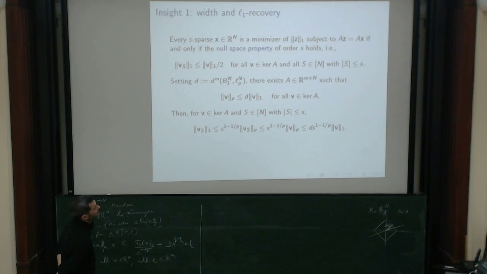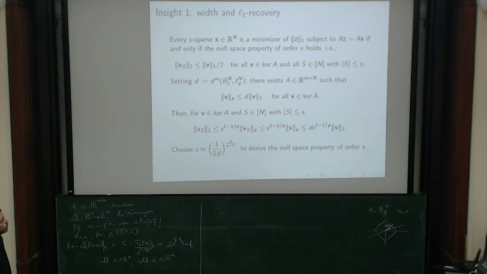I'm introducing this D. And you see that if I choose s well enough compared to D, in other words, 1 over 2D to the proper power, this here will be less than 1/2, and I will have the null space property. In particular, s-sparse recovery with s of this order by L1 minimization. So that was the first insight. If the Gelfand width is small, then you've got sparse recovery for s large.